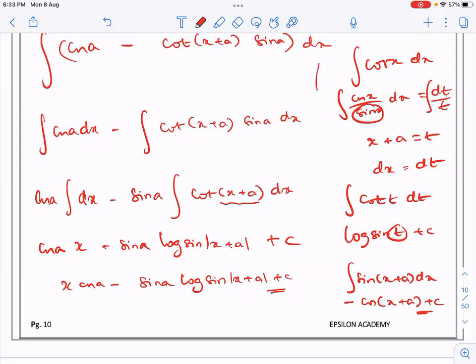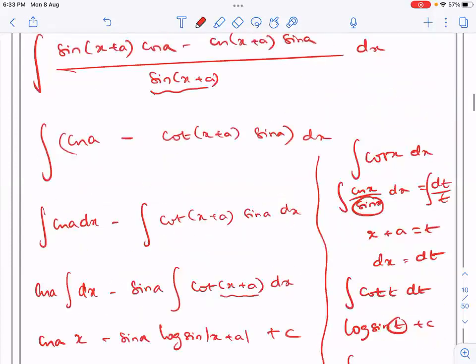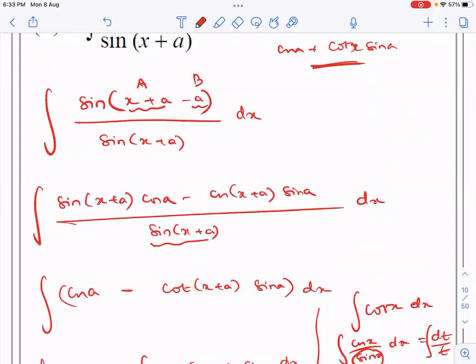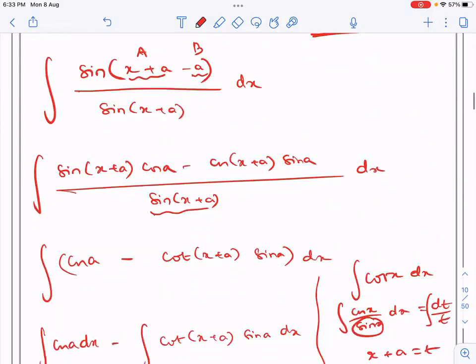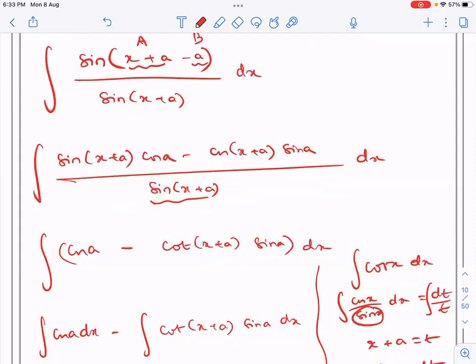No problem, but still it is right only. So x cos a minus sin a into log of sin(x + a) plus c. Is it clear? If anybody wants to copy this, copy it. What did they do in the textbook? They would have multiplied and divided with sin(a minus b), something like that.